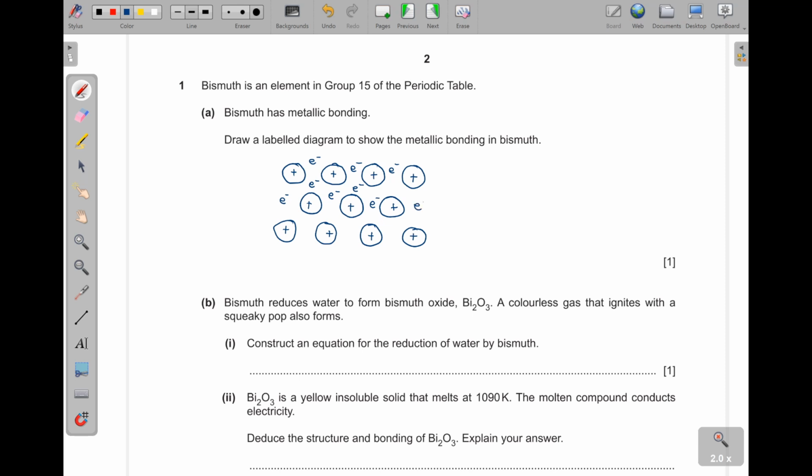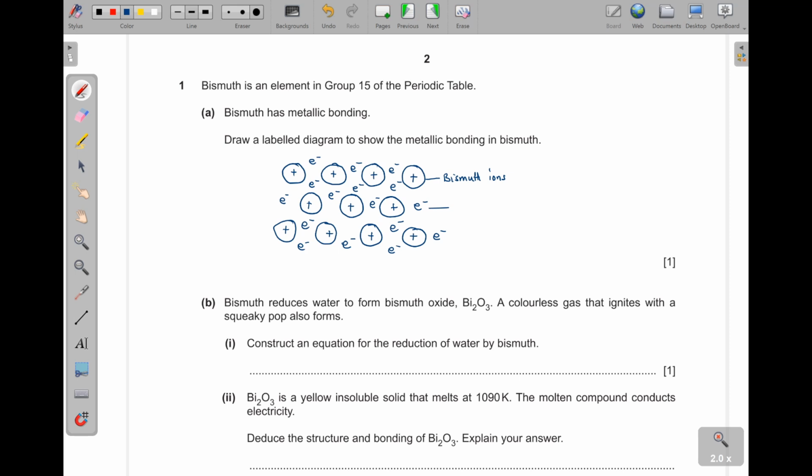Any bonding is an attraction between two things. It is an electrostatic attraction between the positively charged metal ions and the delocalized electrons. So here I will say this is bismuth ions, or I can just say metal ions.